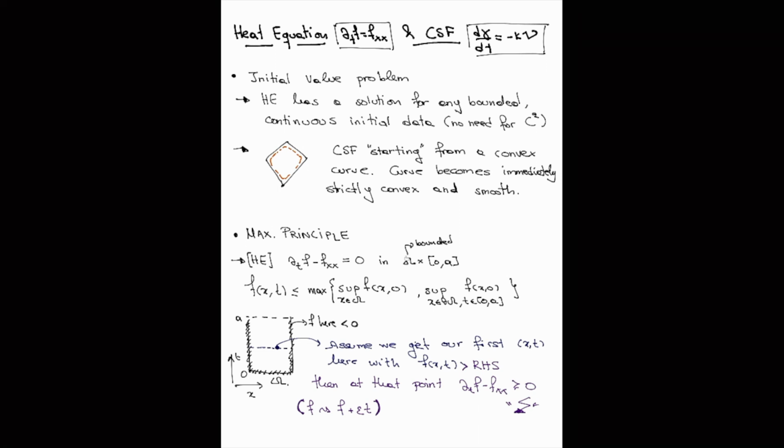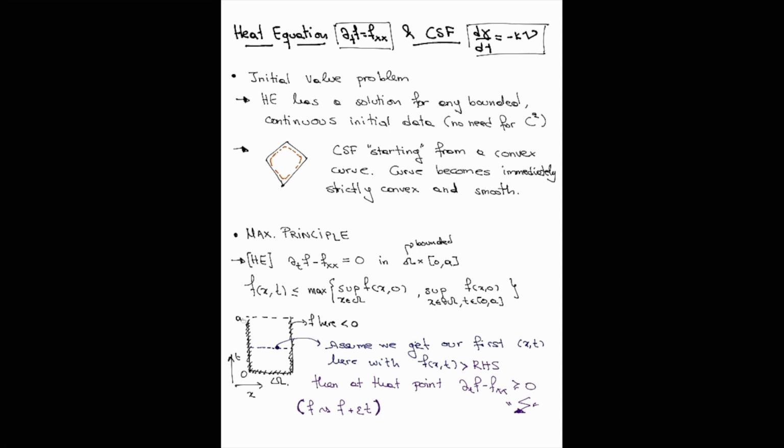In one dimension, this would just be an interval of R cross 0 to A. So here's my domain: this is space, omega, and the time goes from 0 to A. The maximum principle says that the maximum of F occurs at what we call the parabolic boundary, which is this and this. So the maximum of F will occur either at the initial data, which is this part here, or at the boundary cylinder, which is this part here.